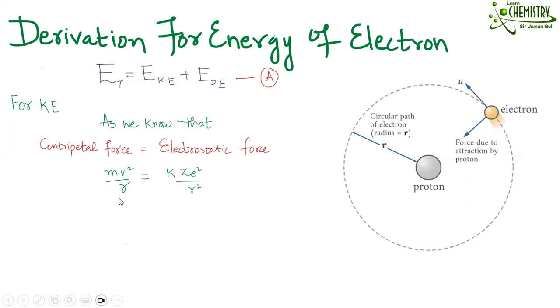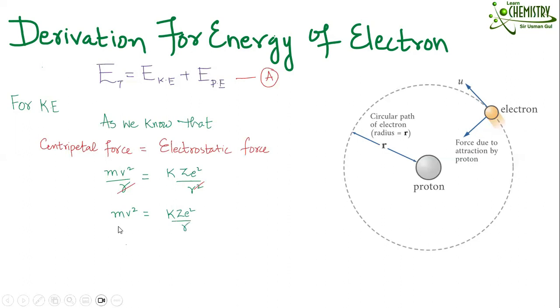The first simplification will happen between the denominator r. Now you can see this r can be cancelled by that r. After this cancellation, mv square will equal kze square upon r.